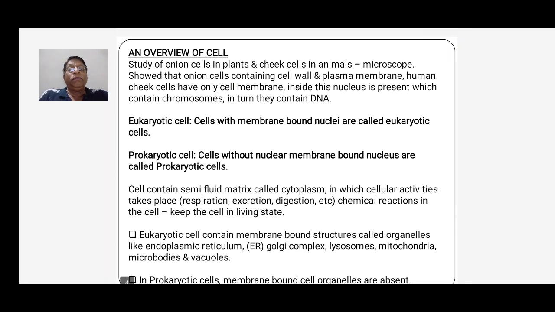We shall see an overall view of cell. Overall view of cell. Study of onion cells in plants and cheek cells in animals.